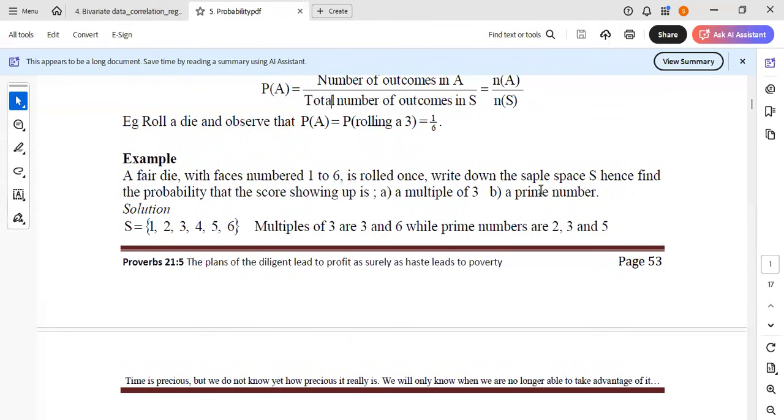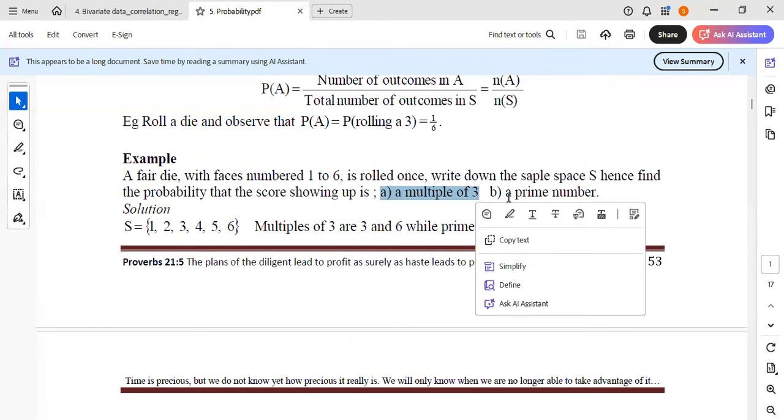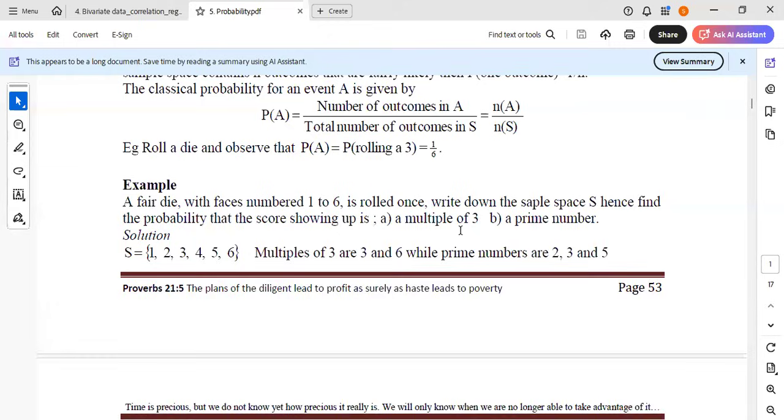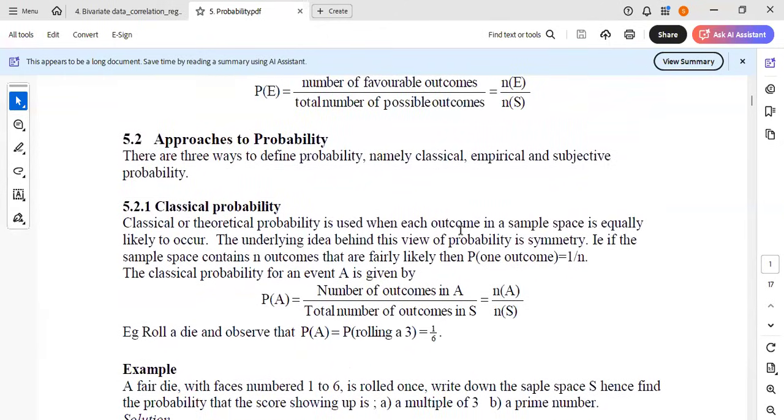Write down the sample space S, hence find the probability that the score showing up is, A, a multiple of 3, and B, a prime number. So just write that example down.